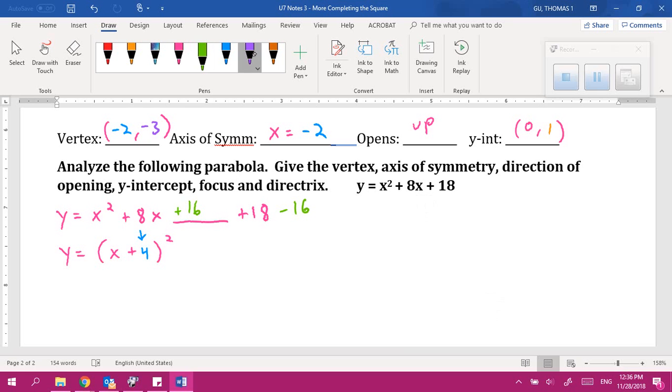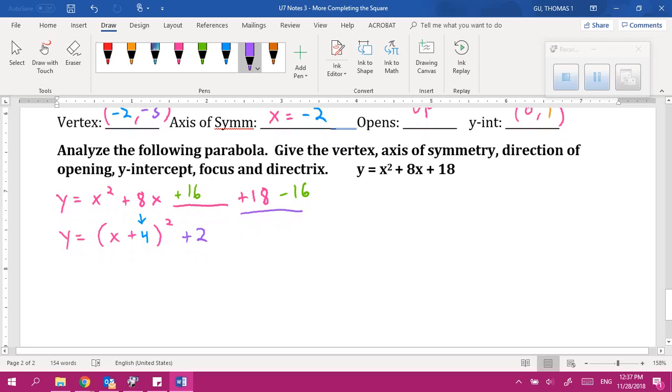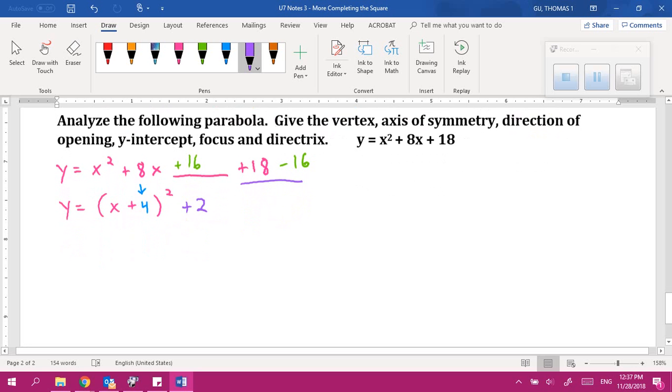So I need to bring down what? Plus 2. Where did you get the plus 2 from? Right there, because the first part, x squared plus 8x plus 16, becomes the perfect square, x plus 4 squared. And then we bring down the 18 minus 16. So here's our vertex form: y equals x plus 4 squared plus 2.